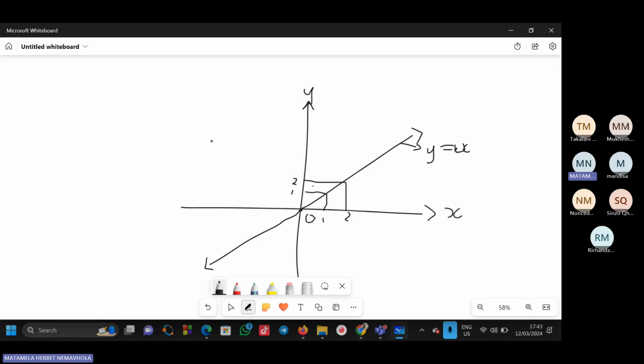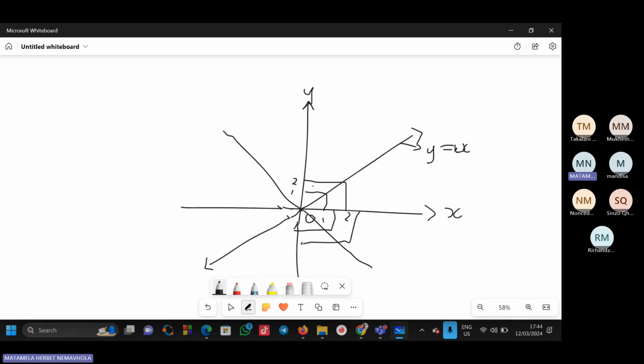But what about if the line goes that way? I didn't draw it properly, this one. I wanted it to be on the origin in the center there. So you will see that if the straight line goes this way and this way, when you calculate the gradient here, you're going to get positive results and positive here.